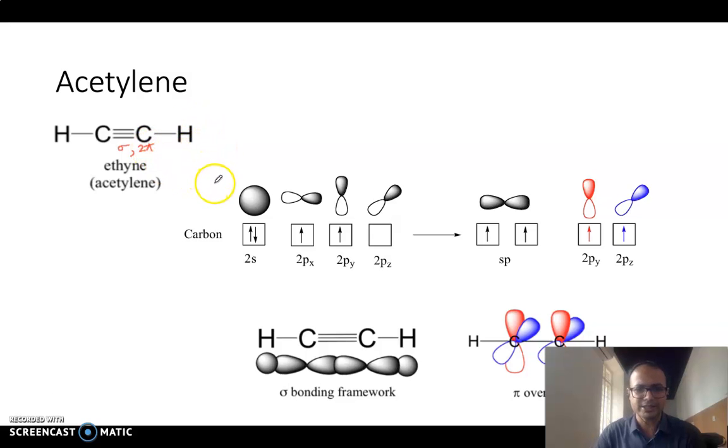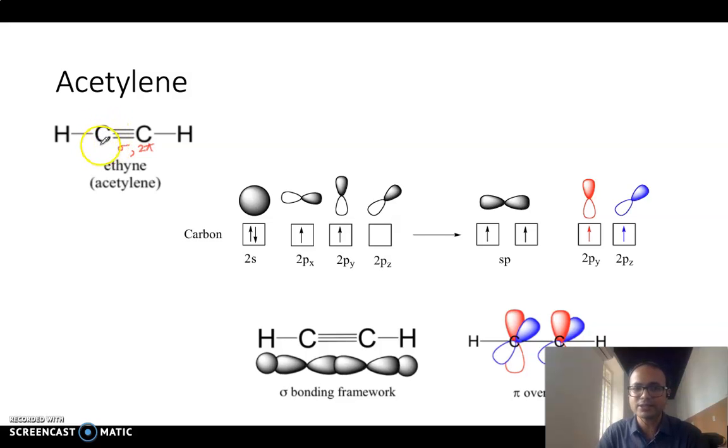You might have already understood this. Now let us try to understand the bonding here. We have to consider each of the carbon atoms, because each is a central atom. So far you have been discussing only one central atom with the other atoms surrounding it. Here there are 2 central atoms, so each central atom would be considered individually.